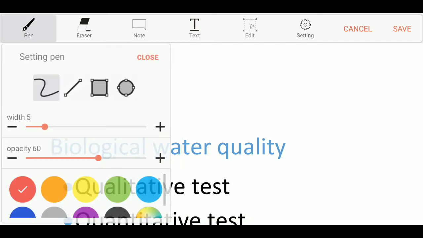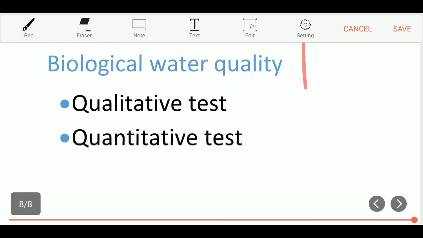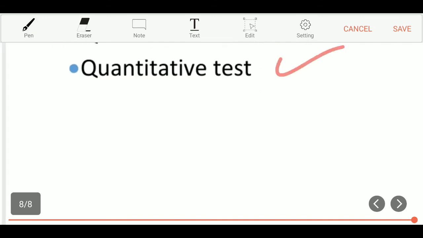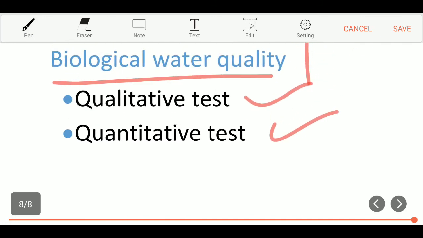Now the next one is biological impurities, the last one in impurities, based on state of matter. The qualitative test as well as the quantitative test we can do. Some of the waterborne diseases are cholera, typhoid, paratyphoid, dysentery, amoebiasis, giardiasis, polio, as well as jaundice.